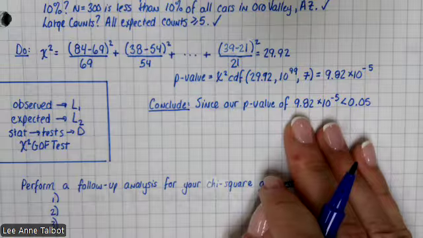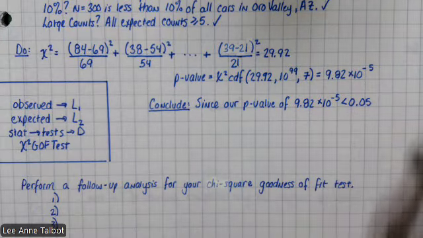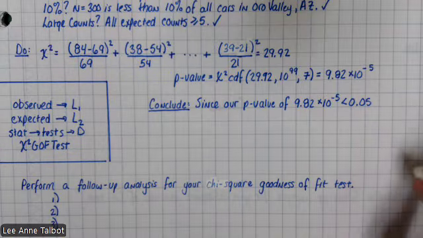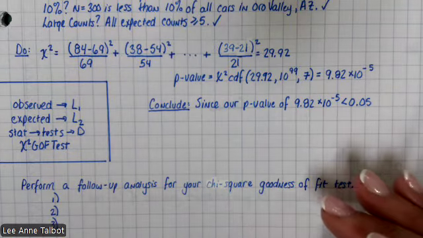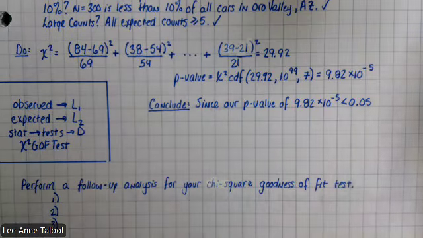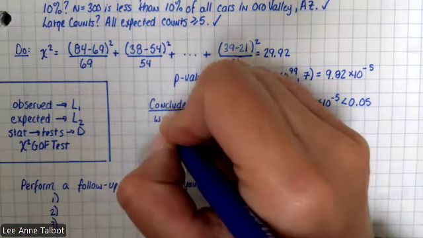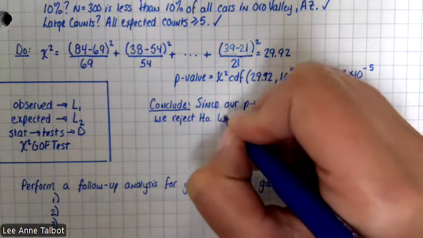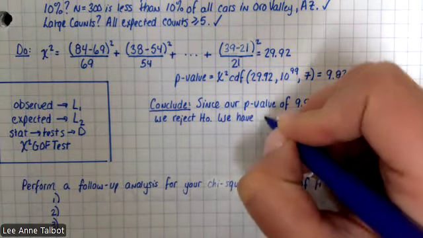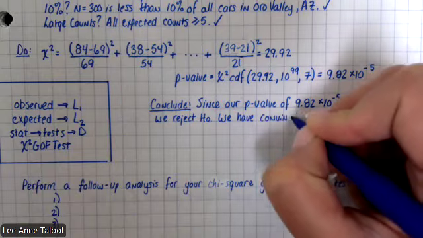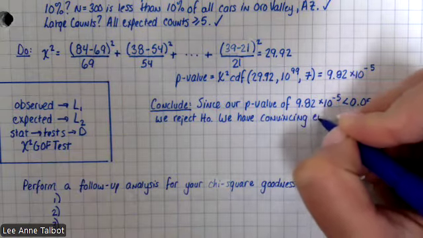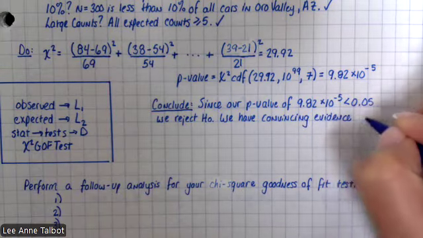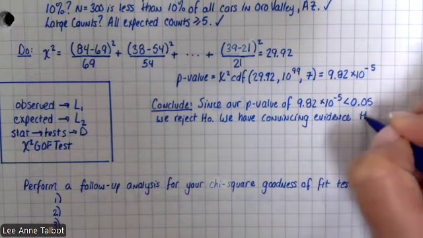Doesn't even matter what it is, it's always tiny, which means it's always going to be less than 0.01, which is your lowest alpha you would use. So you always get to reject the null hypothesis with scientific notation. And then go back up to your Ha.